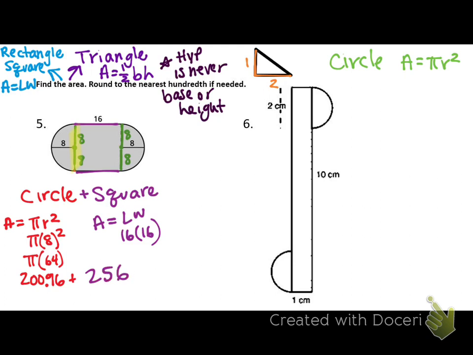Going to add that to our 200.96. And we get 456.96. This is area, so you say units squared or square units. It means we could fit 456 squares inside of this shape.